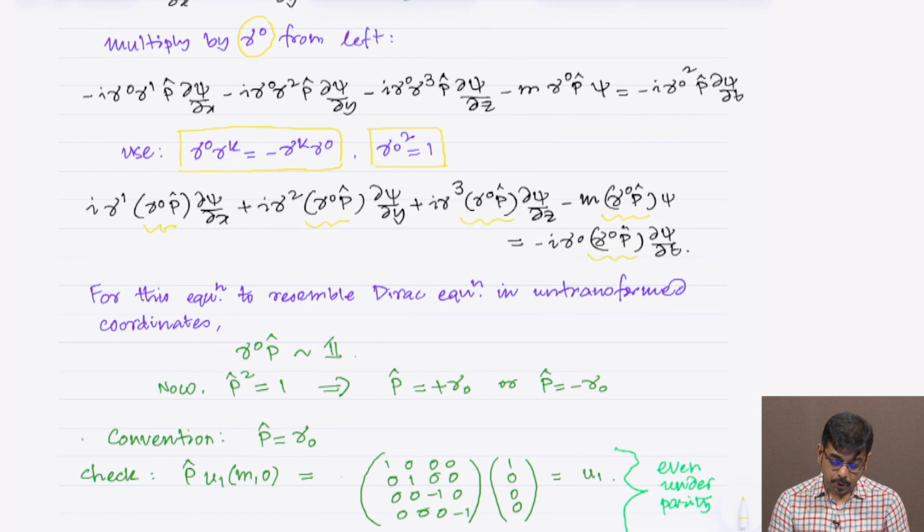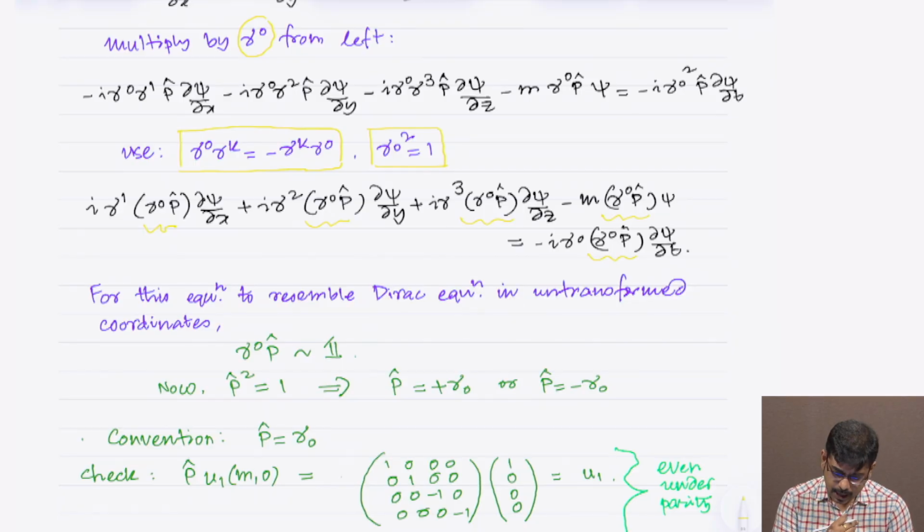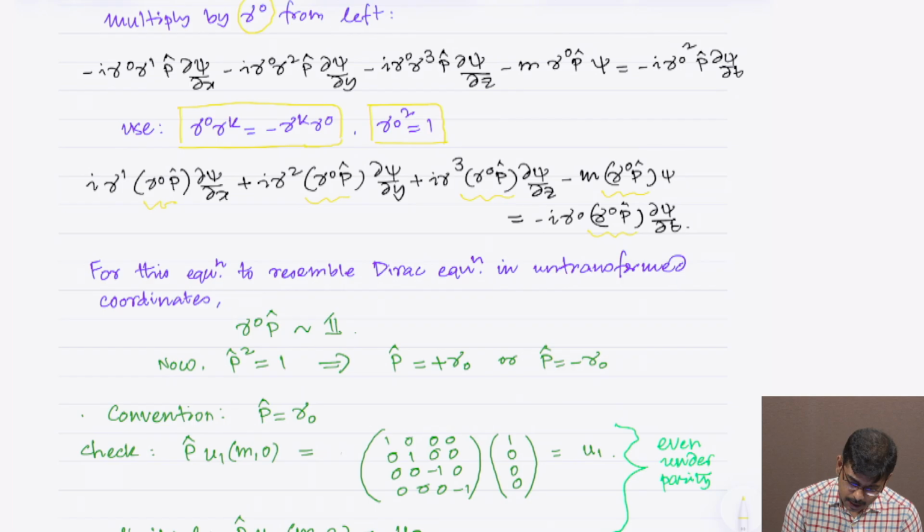If you look at this equation, it looks very much like the original Dirac equation written in the untransformed coordinate system, and it resembles that equation if you just put gamma 0 P equal to 1.